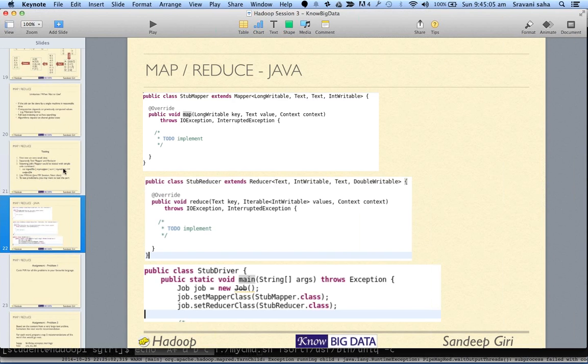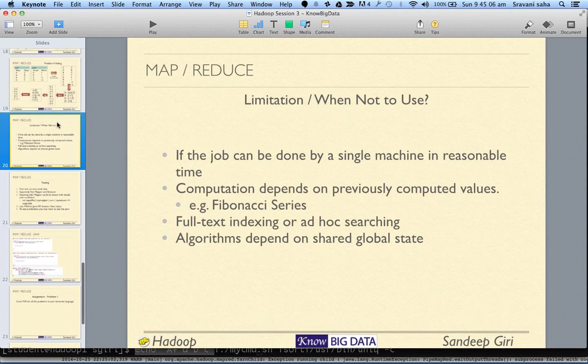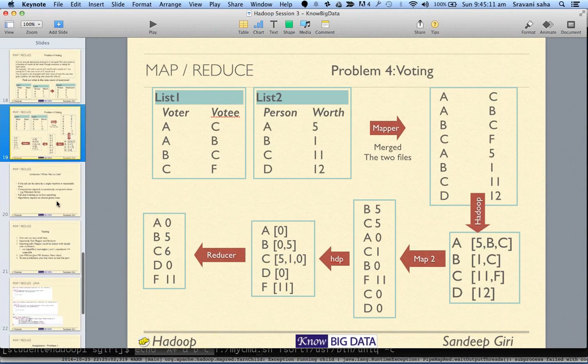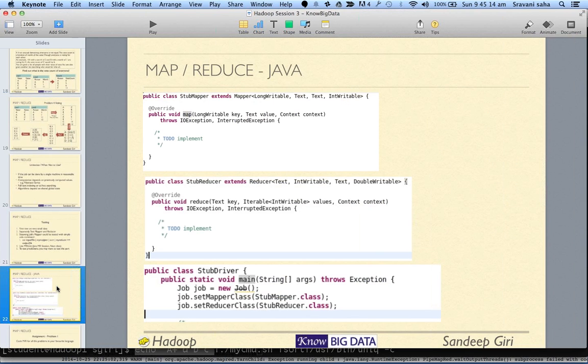So we talked about how to write MapReduce. We define key values and do all of that. How do we do exactly that in Java? You create a class called mapper, then you create a class called reducer, and then you stitch them together in a class called driver, and then run it.